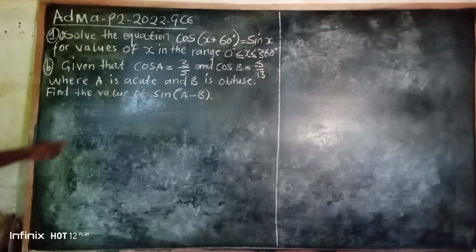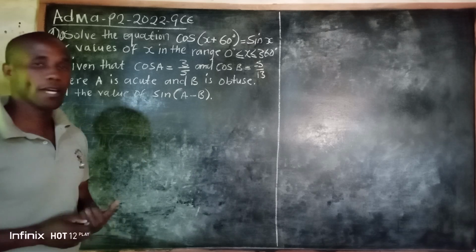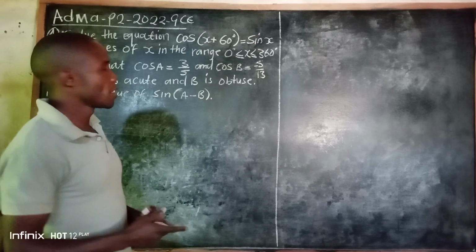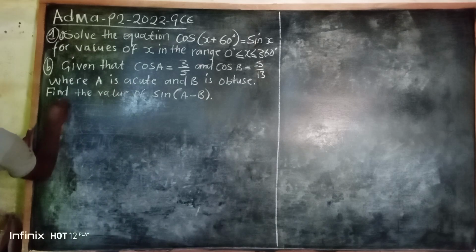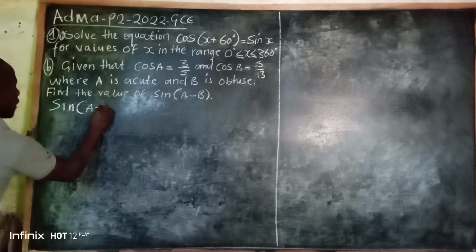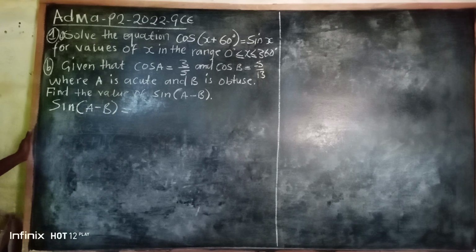So now, the first thing, remember, you go back to the addition formula where you are going to expand this one in that form. Where you say, okay, this is the solution. Sine A minus B is equal to, how do we expand for sine?